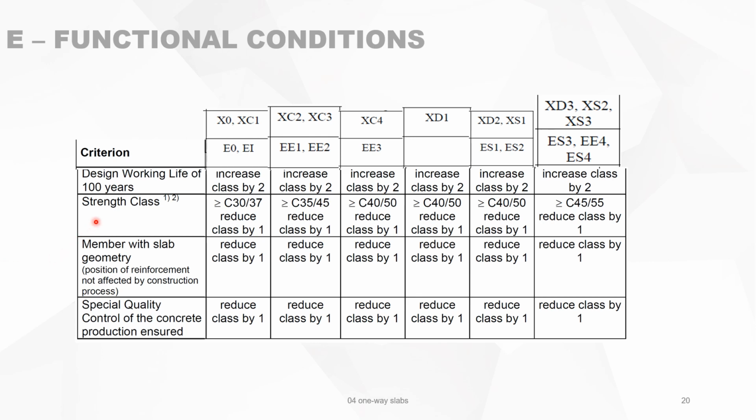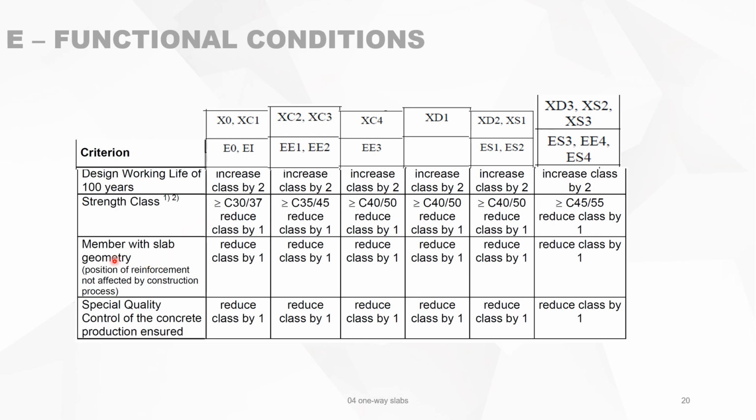Suppose that you have used a strength class bigger than C30/37 for an office building, EI, for this environment, an internal environmental class, and you use concrete C30/37, then you can reduce the class by 1. So instead of going to the structural class S4, you can use the minimum concrete cover for an S3 structure because you used concrete strength bigger than the required concrete strength.